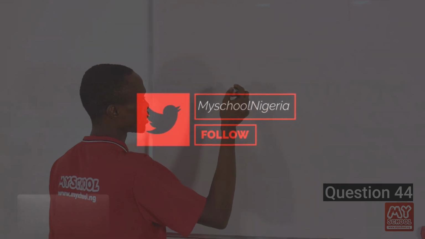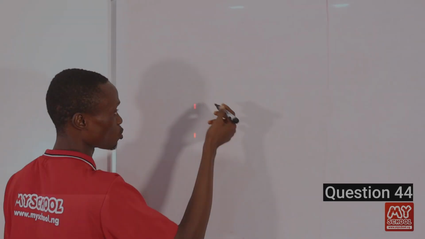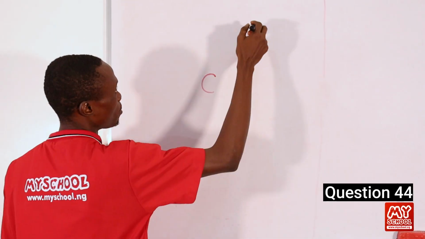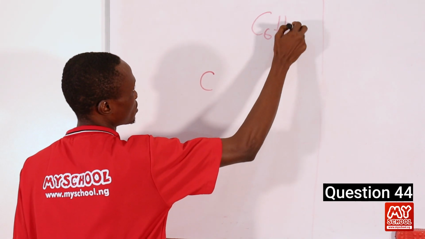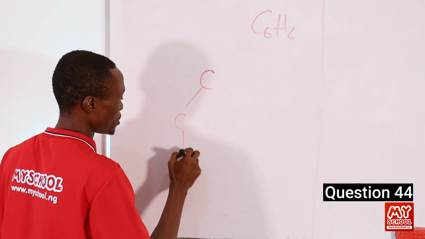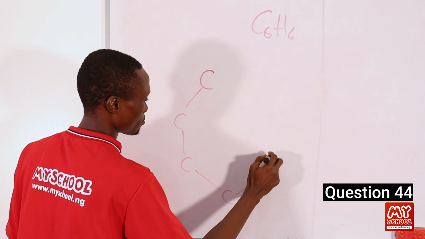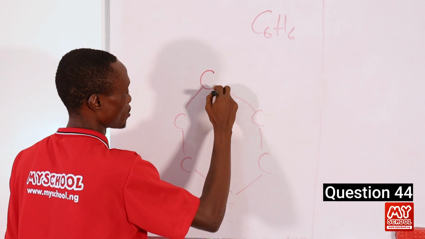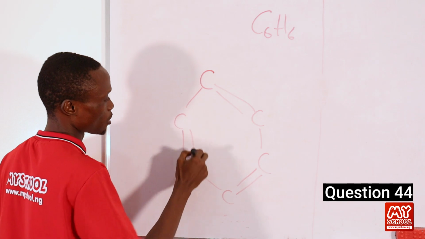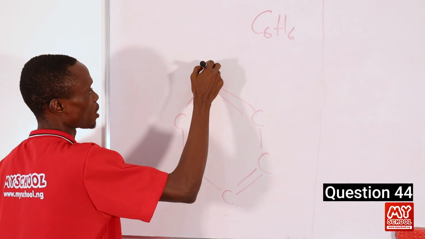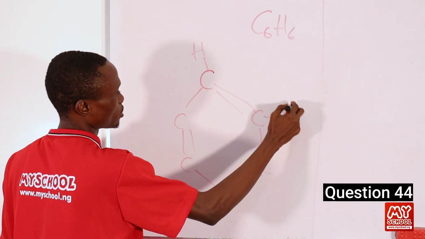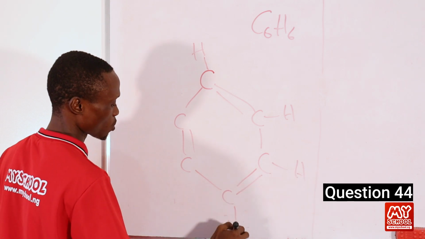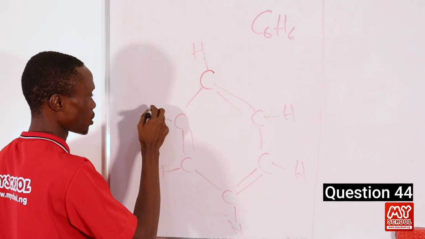Let's quickly draw the structure of benzene. Benzene is C6H6, with a double bond here and a double bond here, and one hydrogen on each of the six carbons.